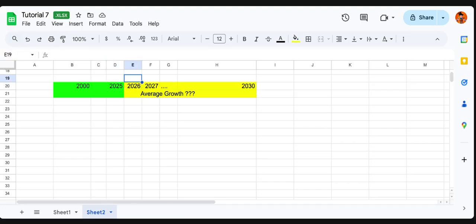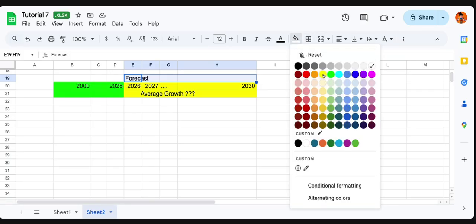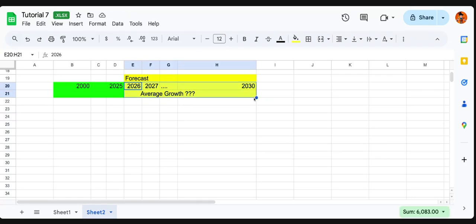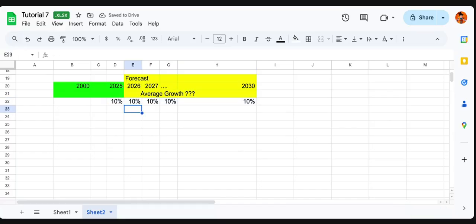Because what we are trying to do is a forecast. What is going to be the average growth for the next few years? Somebody just now said, I calculated the growth based on 1 year. Let's say 1 year is 10%. Does it mean this 10% is going to be the average for every year? Not necessarily. If you use 2000 to 2025 and the average growth is 15, does it mean this 15 is going to apply every year?